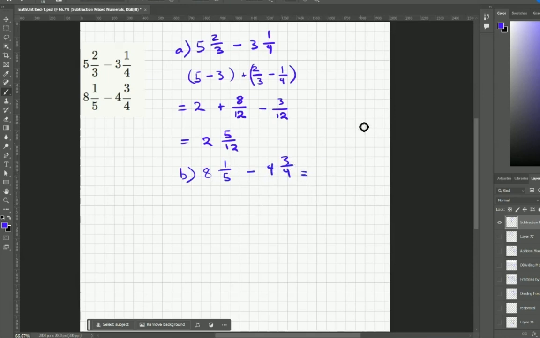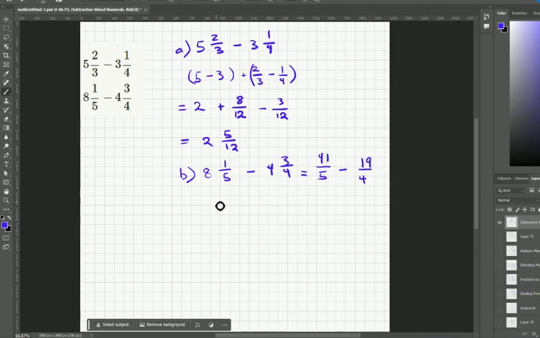So let's figure out what the improper fraction is going to be before we convert them to equivalent fractions. So it's something over 5, 8 times 5 is 40, plus 1 is 41, minus, this is over 4, 4 times 4 is 16, 16 plus 3 is 19. Right, so we have our improper fractions.